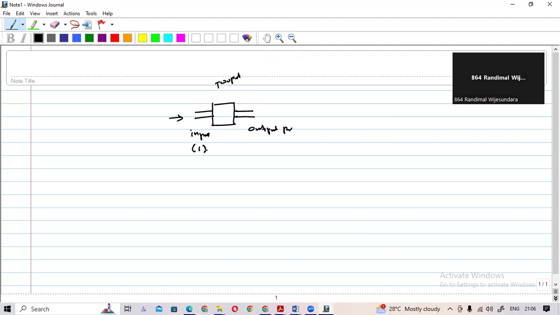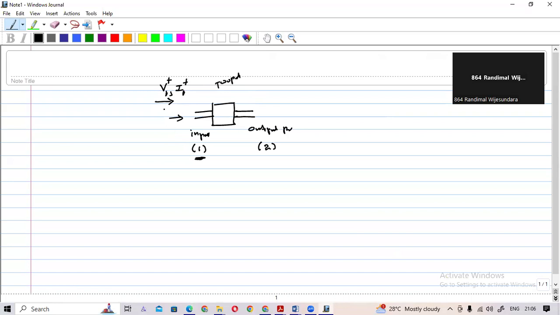Let's say that this is port 1 and this is port 2. Okay. So here you have input voltages, sorry, forwarded voltages, V plus, and for forwarded current, I plus. So this is defined as port 1. Okay, so here we have V1 and here we have I1.